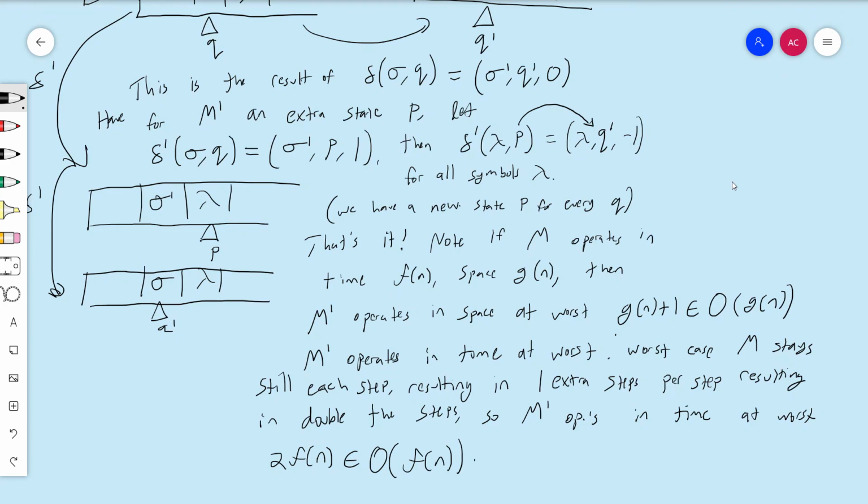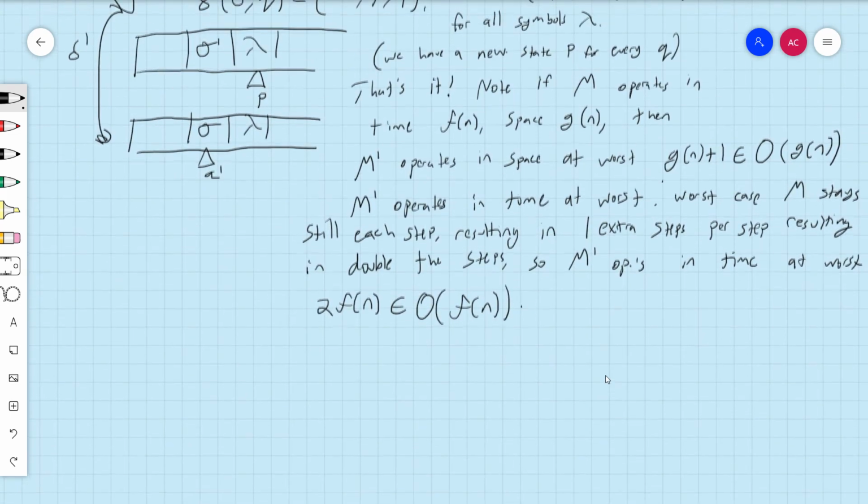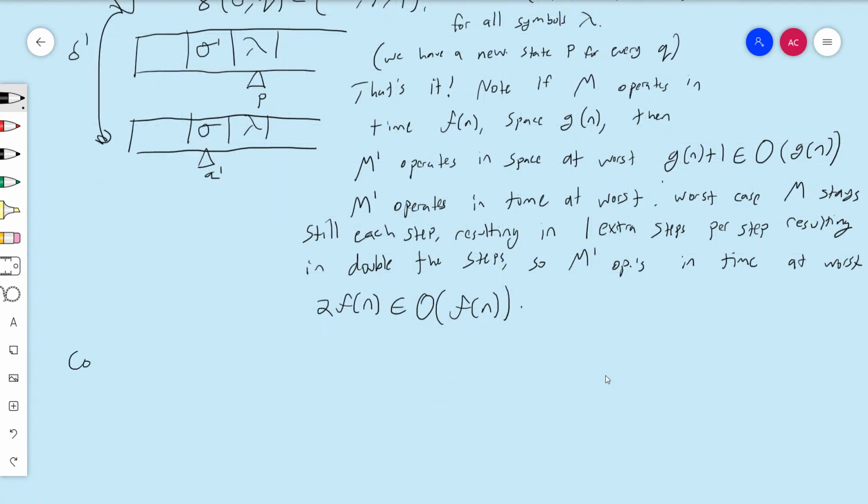So let me write that down as a corollary. Corollary, by the way, means an immediate result of the previous fact. If you've proven something, then oftentimes a whole flood of things follow from that proof immediately, and those things are called corollaries.